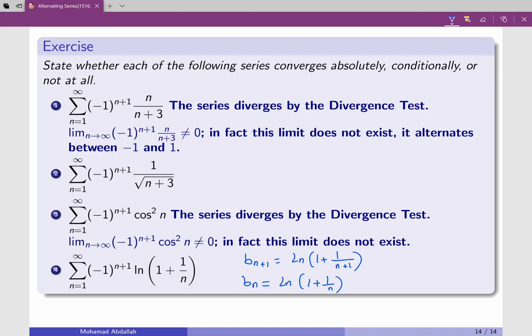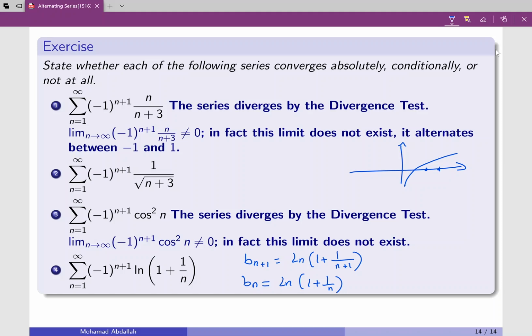I'll tell you something here, that the ln is increasing. If you recall, as a function, the ln has this property. Now, which one's bigger? 1 plus 1 over n plus 1 or 1 plus 1 over n?